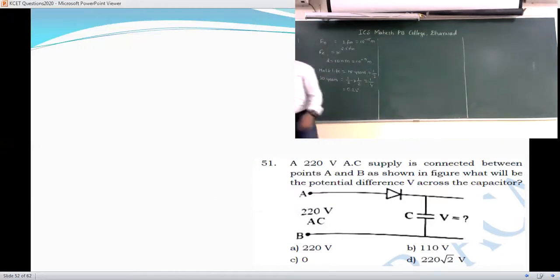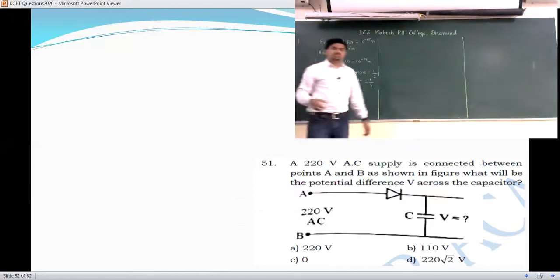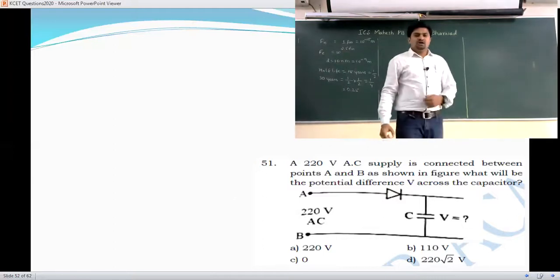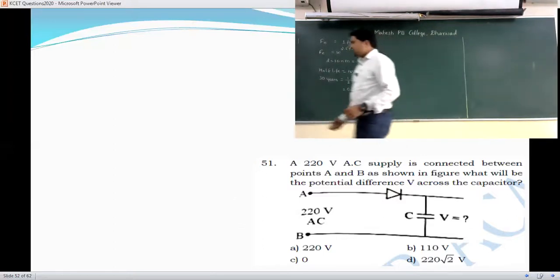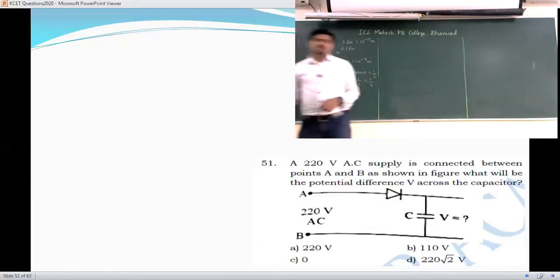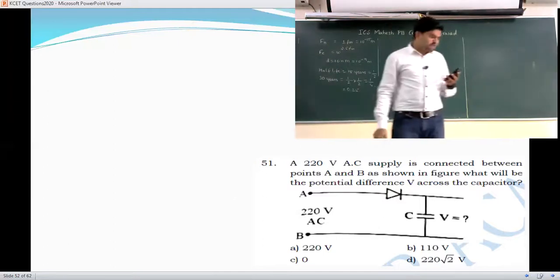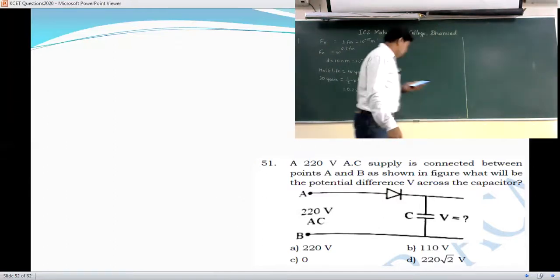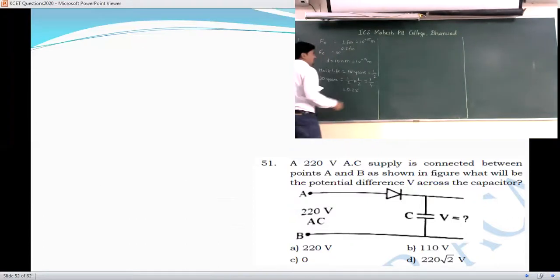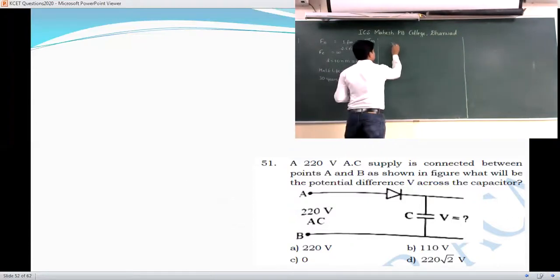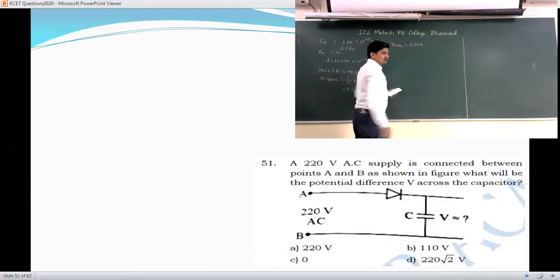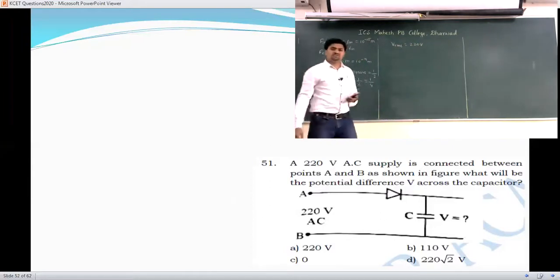See the next question. There is nothing much to calculate in this question. In the 51st question, they have given one circuit. In this circuit they have given 220 volt, which is the input voltage. That 220 volt is VRMS. They are asking you to calculate the voltage across the capacitor.